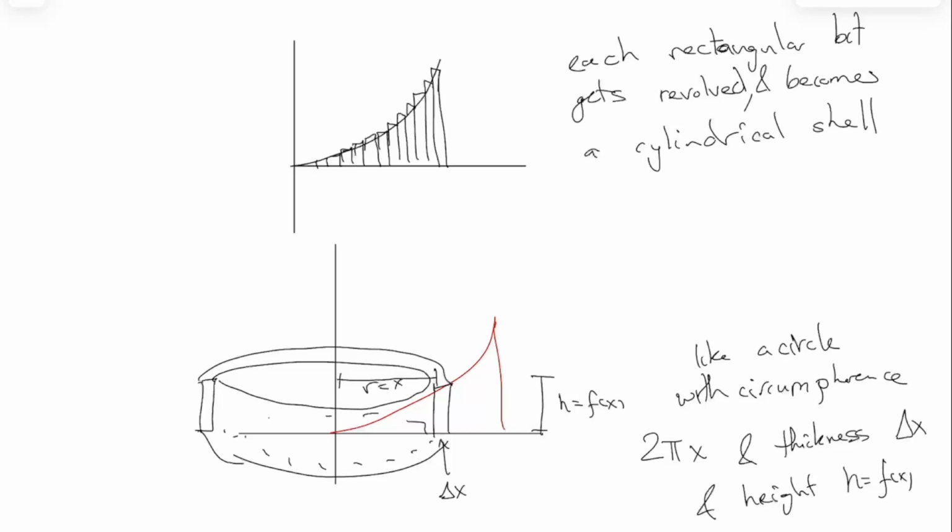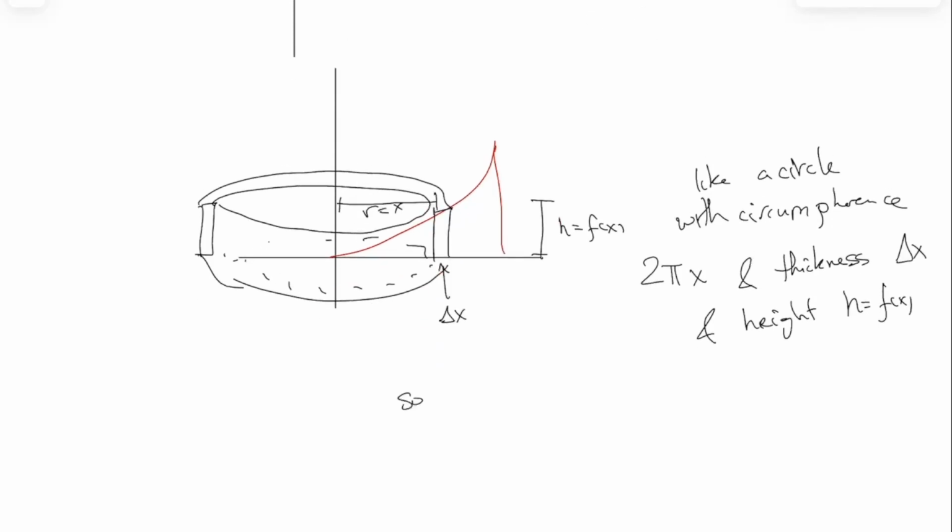All told, the volume of one of these individual shells, the shell volume, is 2 pi x times f of x times delta x. It's the product of this circumference times its thickness times its height. 2 pi x times f of x times delta x.